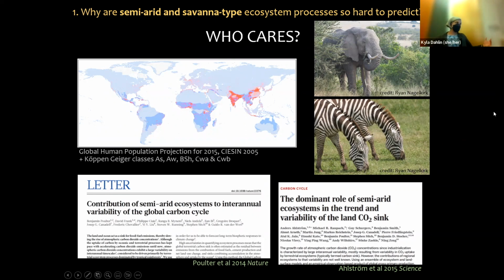Whereas, no offense to tropical people, the tropics basically just sit there being the tropics, right? And the boreal region basically just sits there being the boreal. But these dry systems, year-to-year variations can be hugely dramatic, not just in super blooms and stuff like that, but also in carbon. And so we should pay attention to them even if they're not huge carbon sinks.